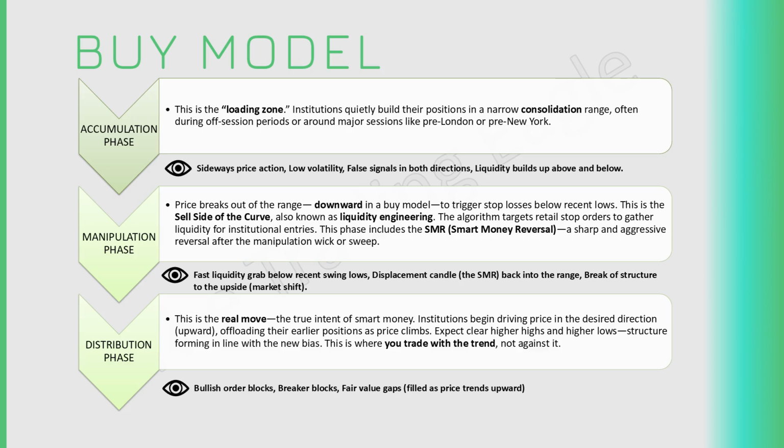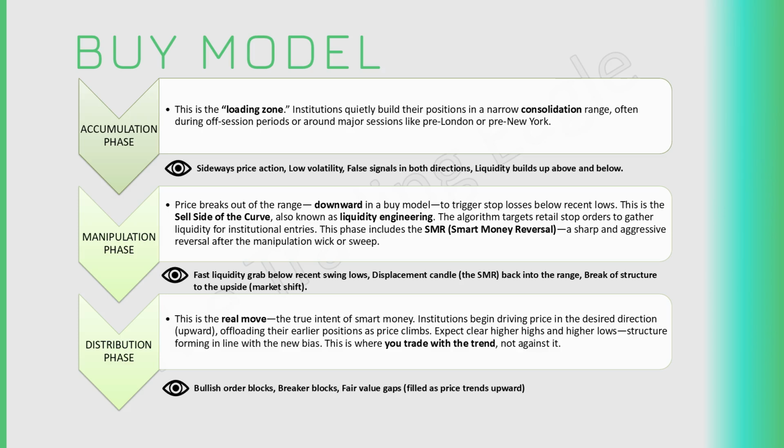The accumulation phase in the buy and sell model is the loading zone. As I said earlier, institutions build their position in a narrow consolidation range, a tight range. The algorithm is programmed to stay within a particular range for a particular period of time.